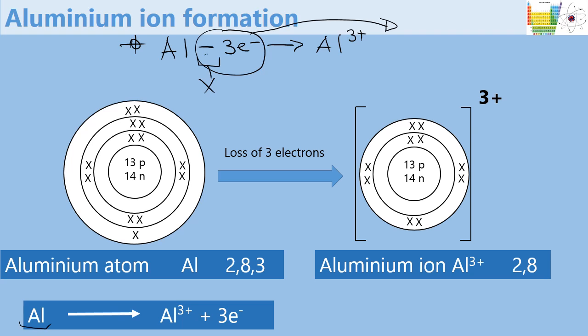And hence, we will have aluminium forming aluminium ion plus 3 electrons. So anytime we find that we have a negative sign in our equations, we have to convert it to a positive sign by moving the electrons to the other side of the equation.